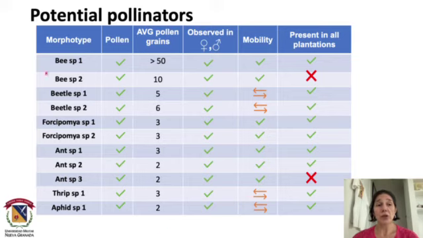Among those, there was one Melipona bee that carried all the time more than 50 grains of pollen, visited female and male flowers, moved between trees, and was present in all plantations. We think that this is the most probable pollinator of cocoa in our region of study.